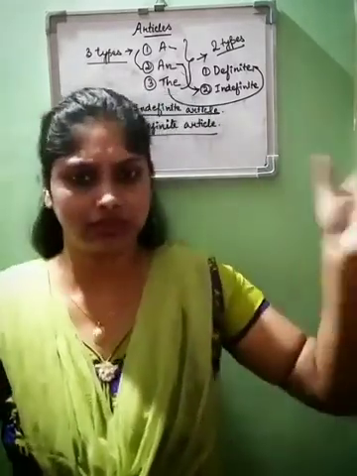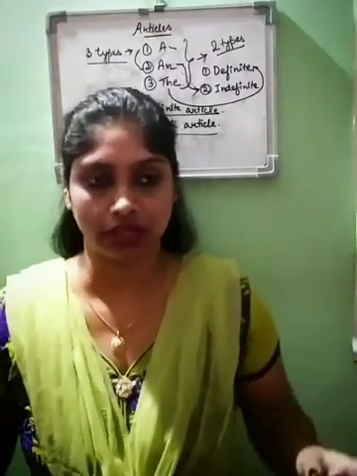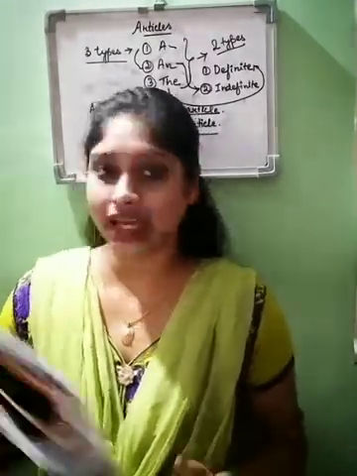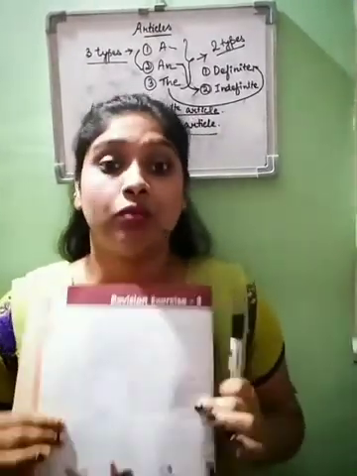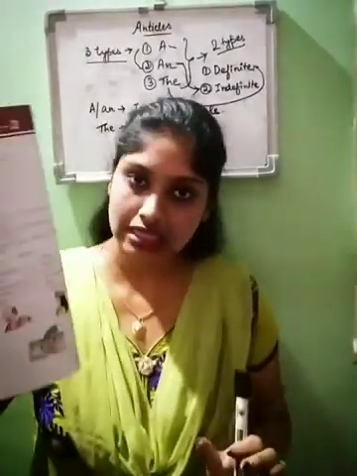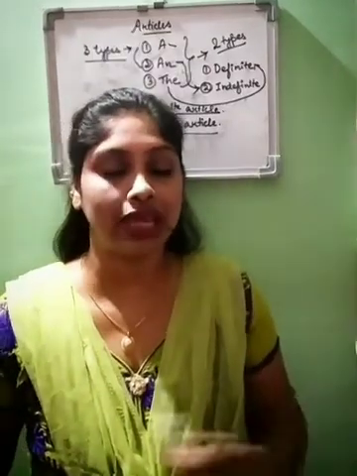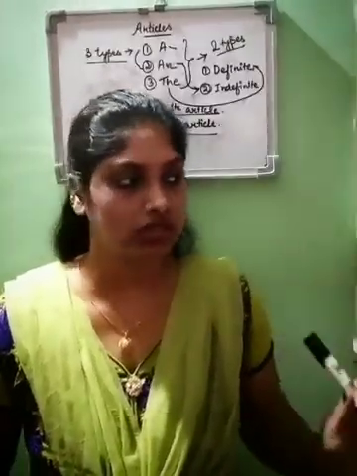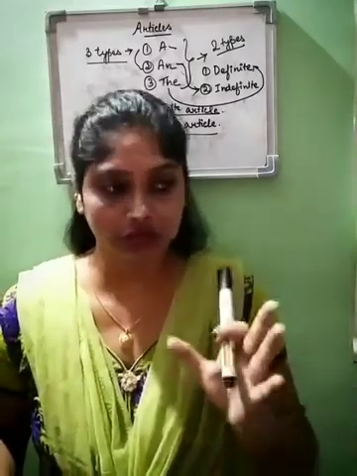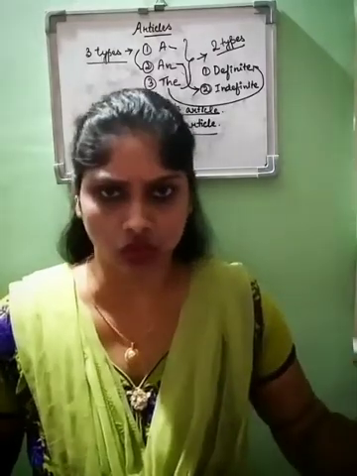Let's take a very small example. Suppose I am searching for my grammar book. This is the book I have, so this is the book that I am searching for. I am not searching for any random book. If I say I am searching for a book, that means I can be searching for any book.